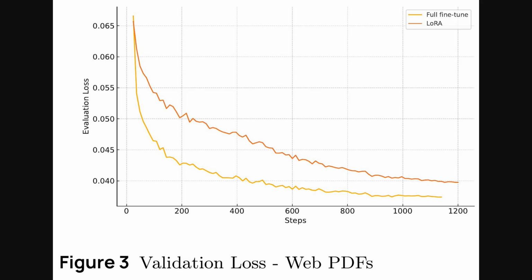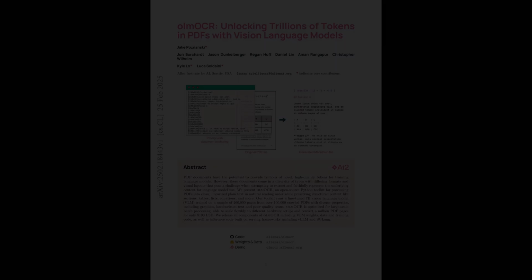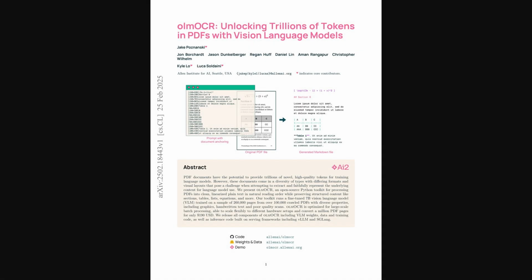They compared two methods, full fine-tuning, shown in yellow, and LoRA, shown in orange. As you can see, the yellow line consistently stays lower, meaning full fine-tuning achieved a better validation loss. That's why they ultimately went with full fine-tuning for the final olmOCR model. So yeah, choosing full fine-tuning really optimized their olmOCR model.